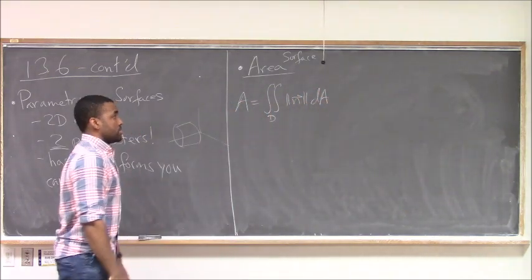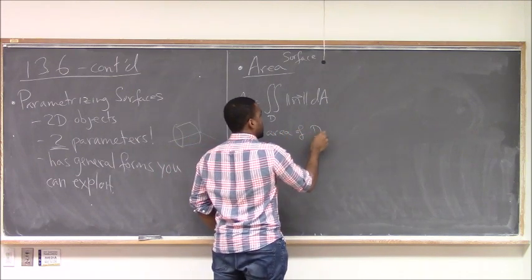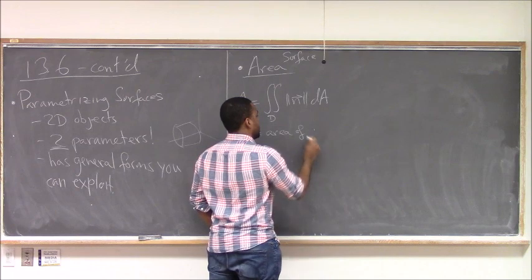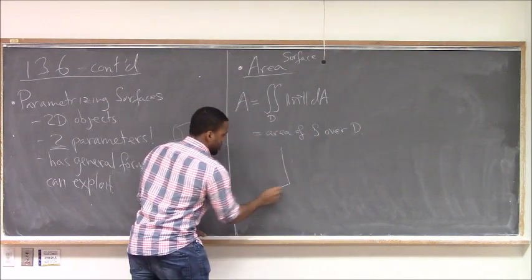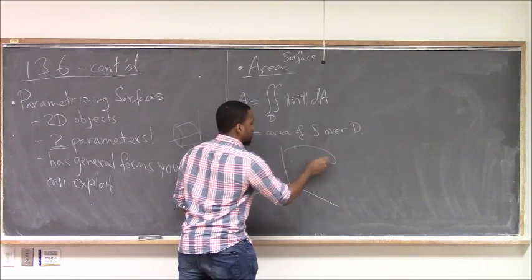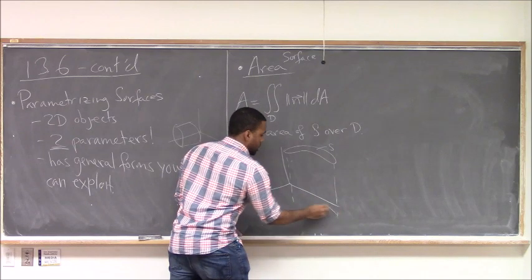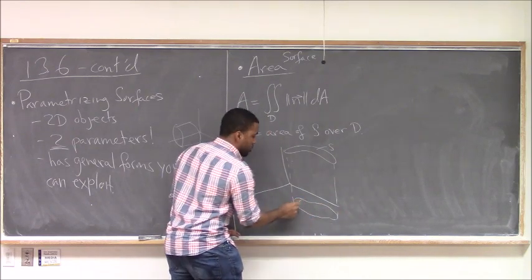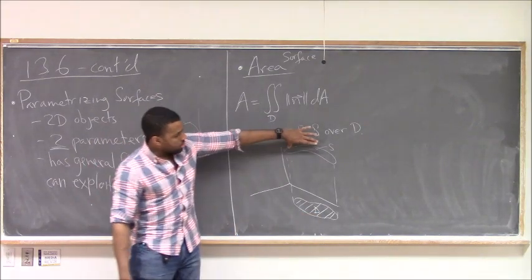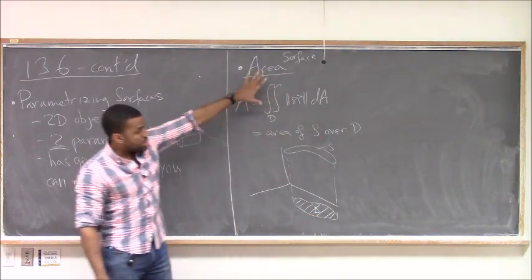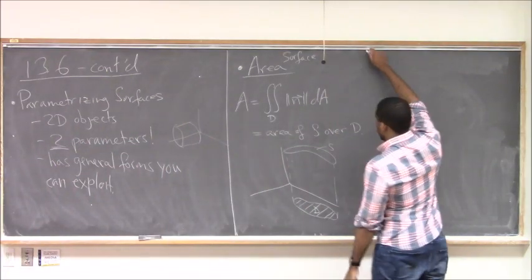That gives you the area of S over D. So that's the situation where you have some surface, that's your guy called S, and its projection in, for example, the xy plane is D. The area of S that's above D is given by this integral. That was another important concept.